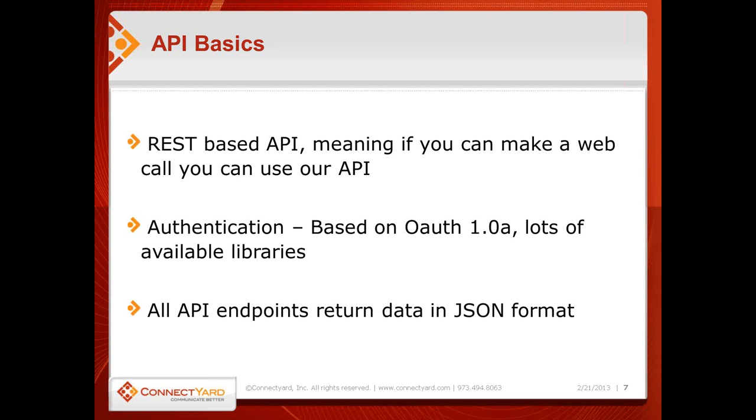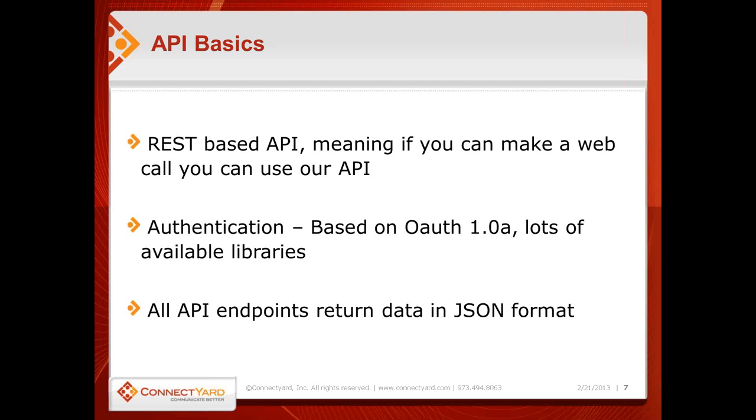Now the next one is authentication. So the initial authentication for the API is based on OAuth. OAuth is probably one of the most popular forms of authentication for an API. You look at Facebook, Twitter, LinkedIn, Google. Everybody's using it as a secure way of actually authenticating and validating the consumers of an API. Now, there's lots of information out there because of this, lots of available libraries.